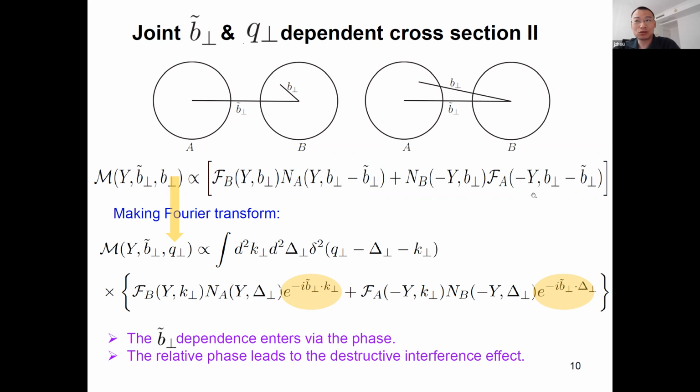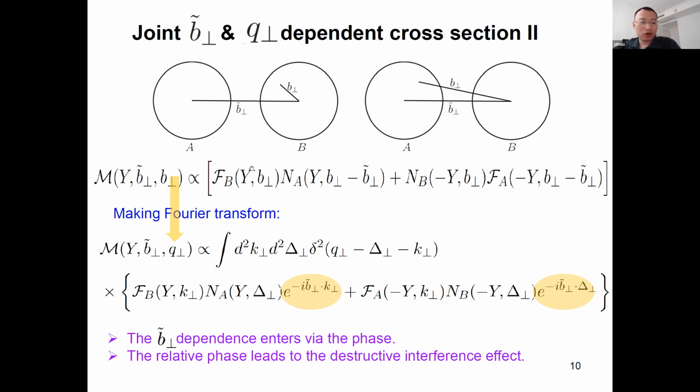So then we have two terms in the production amplitude. As mentioned, they should be summed on the amplitude level rather than the cross-section level.